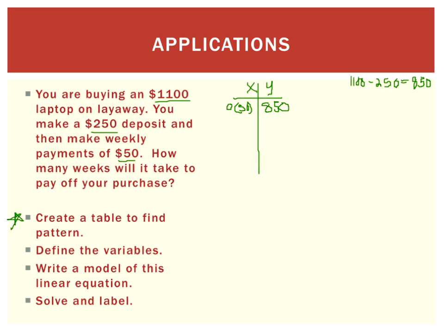Why don't you give me a thumbs up? Give me a thumbs up, go to the smiley face, if you understood my first step here. Making sure I realize that I've paid off $250, I'm left with $850, and I've made no payments so far. Good.